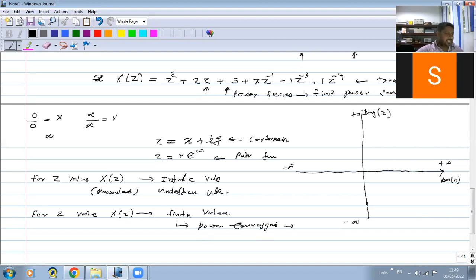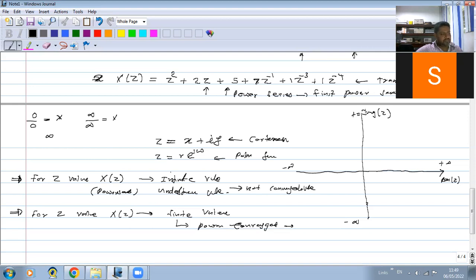And for some value, this x(z) can be infinite or undefined. At that time, we say the series does not converge to a value. So this is a very important concept, and you have to understand it.